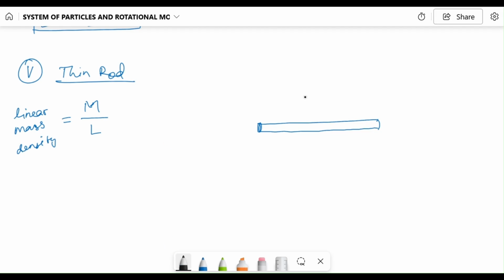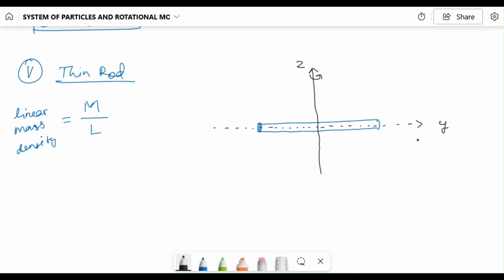And now we want to know its moment of inertia about this axis here. Let's say this is the z axis. We can take the same approach. Let's say this is the y-axis, because this is a continuous mass distribution as we have done in the case of the disk. So we can apply the same concept here.